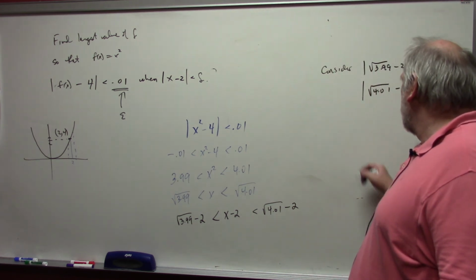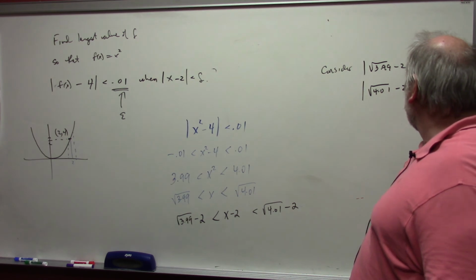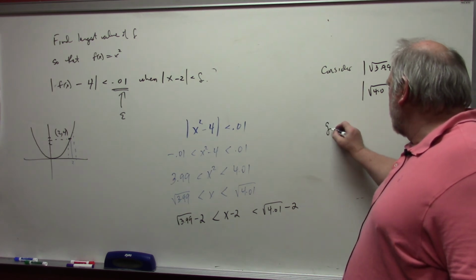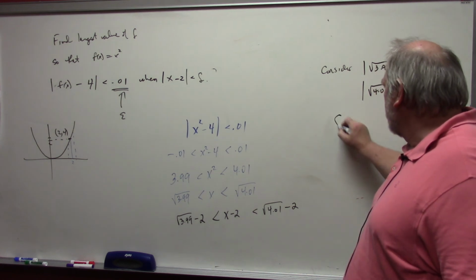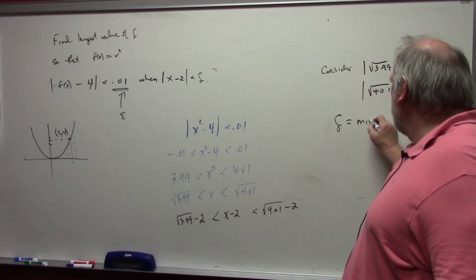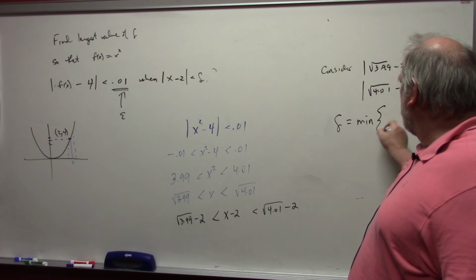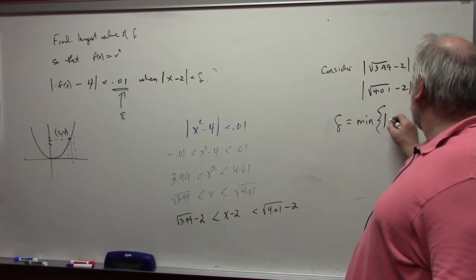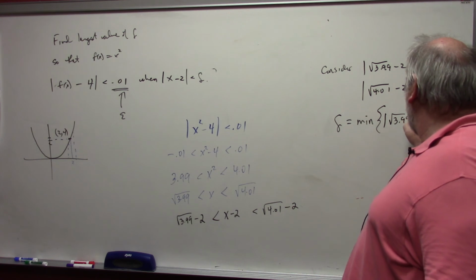We would consider these, and whichever is smaller, delta, oops, that's a lousy delta. Delta would be the min of these, whichever one of these. Okay?